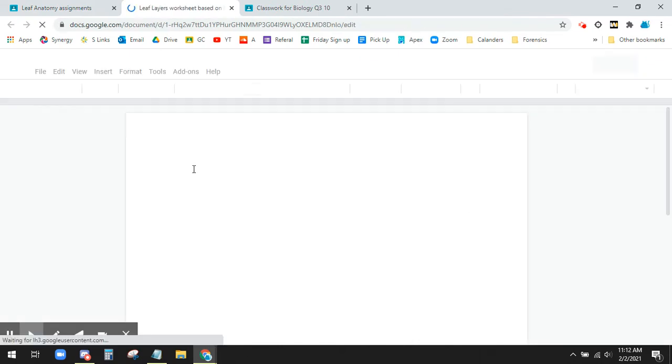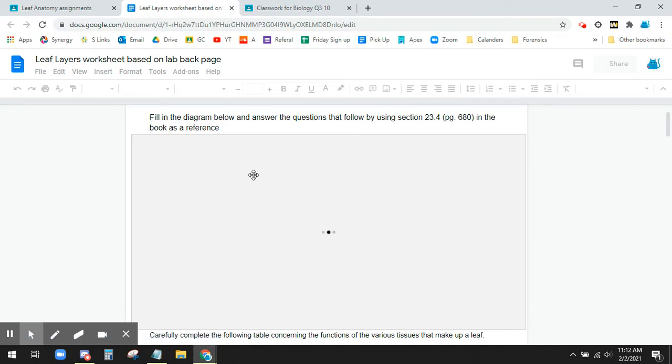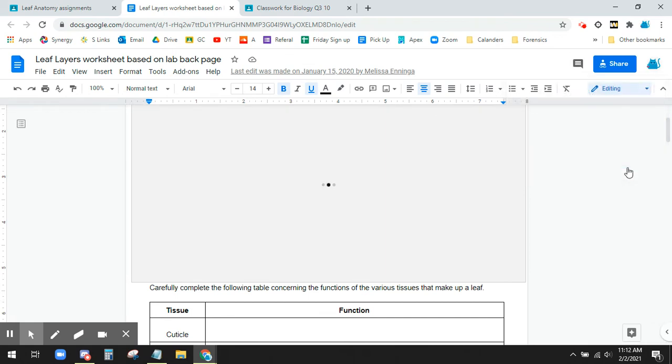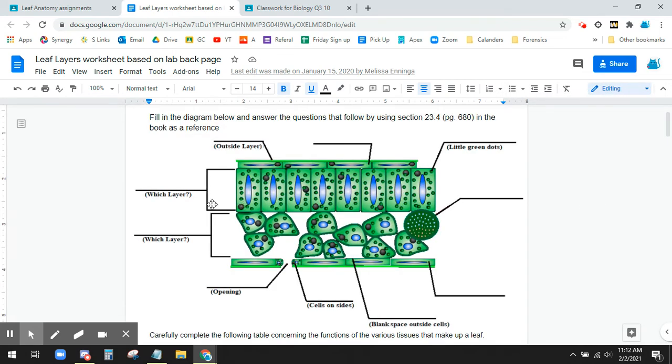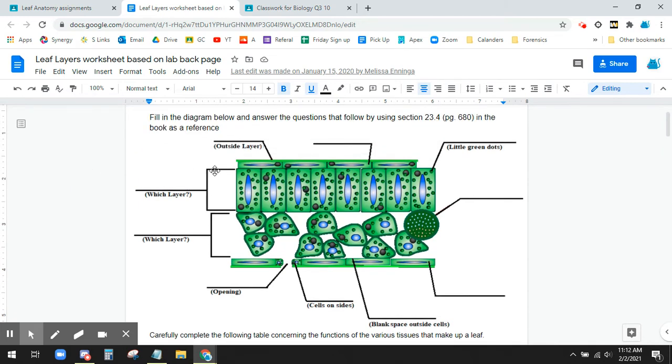The other part, which is leaf layers, talks about the actual layers of a leaf, and it gives you that diagram. Okay, so for here, if you don't have Snap and Read, just talk about which lines they are.